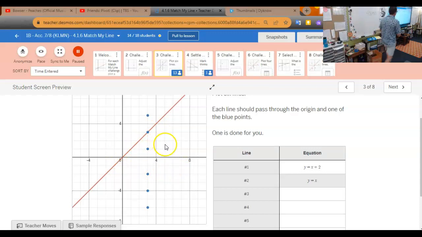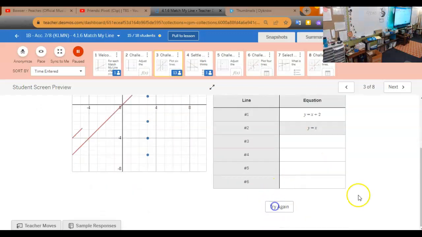Owen says this is just 2 more up. So leave y equals x alone and move it 2 up by doing plus 2. Let's check that. And there is another option. Check my work.